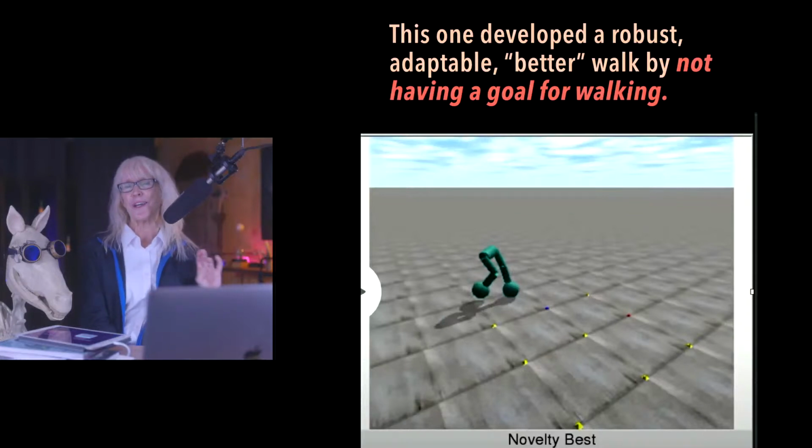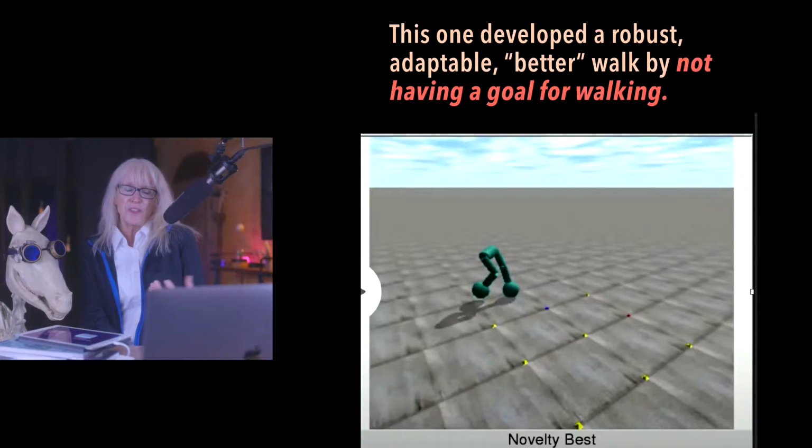So it had to keep track of what it had already done and make sure that it was doing something that it hadn't done. So why is it walking so robustly? Well, first, eventually it's going to run out of stuff to do. And the only way it can explore further, which it's going to need to do to go to new places, is to get more reinforcement.